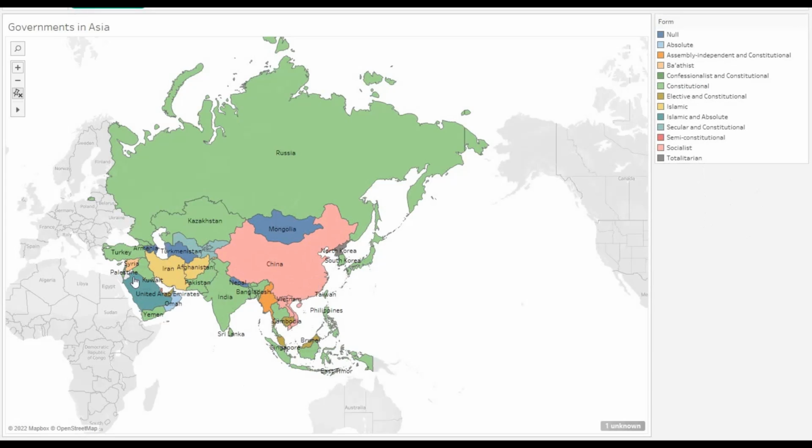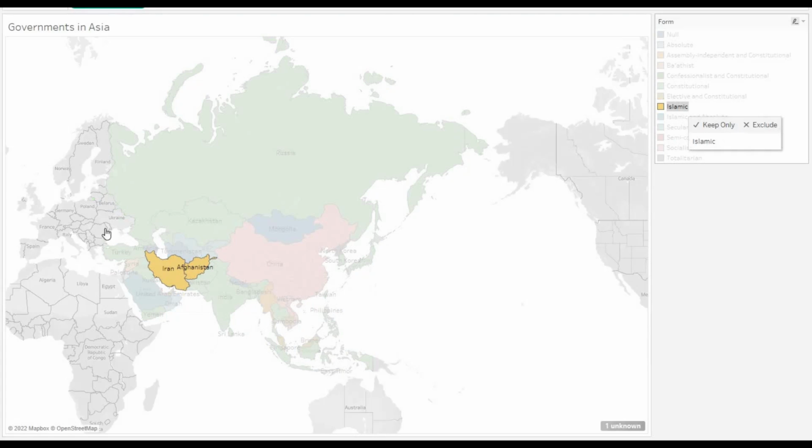Now, there's a form of governance which is constitutional but Islamic in nature. By Islamic, it means the government of that country will run by Sharia law, and in certain countries such as Iran it is applicable, whereas in certain countries this point of being Islamic is just symbolic in nature, that is it has to do with the cultural symbol or cultural identity of the country.